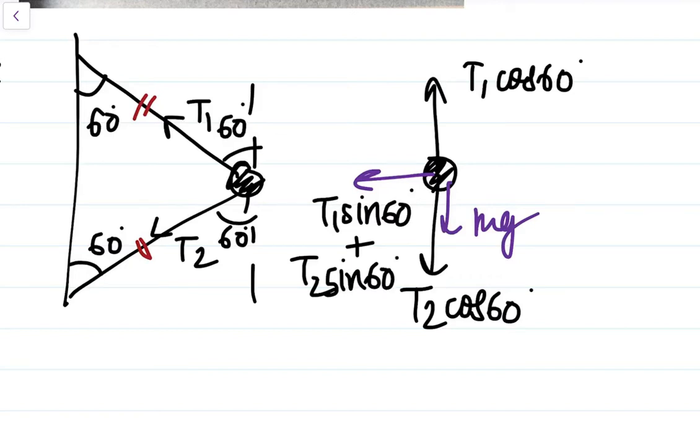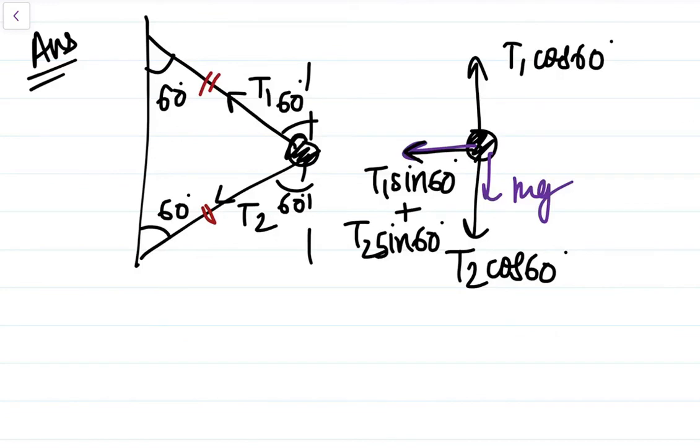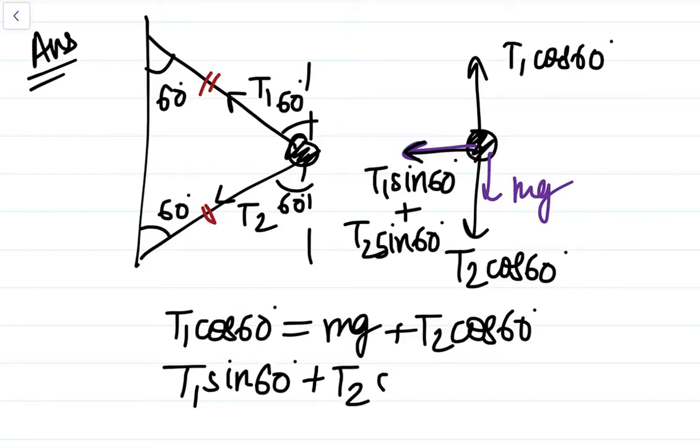Alright friends, so this is the free body diagram. So we can write that T1 cos 60 is equal to mg plus T2 cos 60, because there is no acceleration in vertical direction, and obviously we can write T1 sin 60 plus T2 sin 60 is equal to m omega squared r.